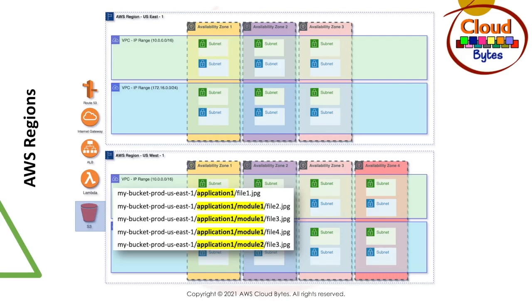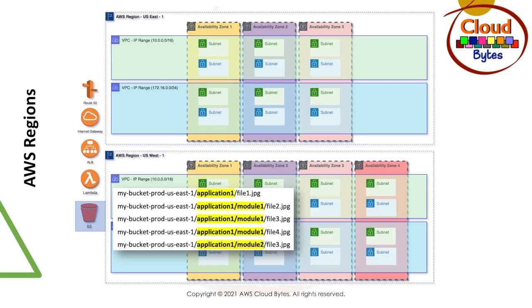If you put everything in an unorganized way, everything under, say, application 1, then you can achieve a maximum of requests per second of 5,500, from a minimum of 3,500 to 5,500. But if you split those prefixes in a better structured way, if those structures match your application requirement, each prefix can give you that range from 3,500 to 5,500 requests per second.